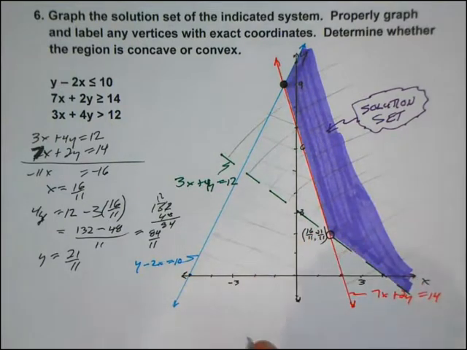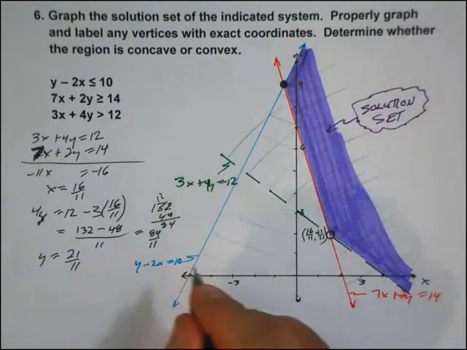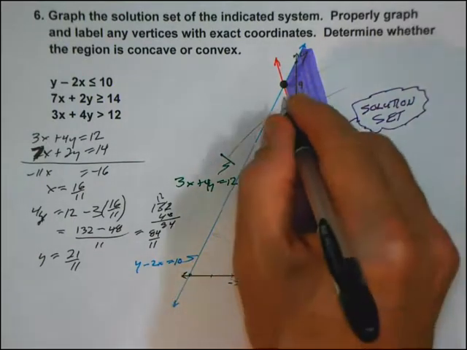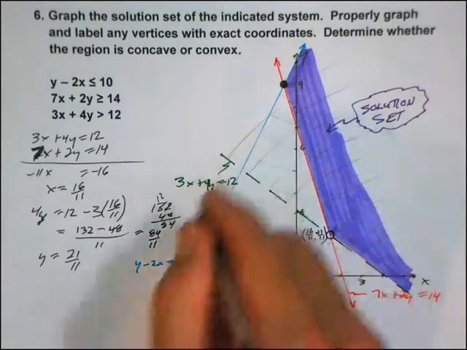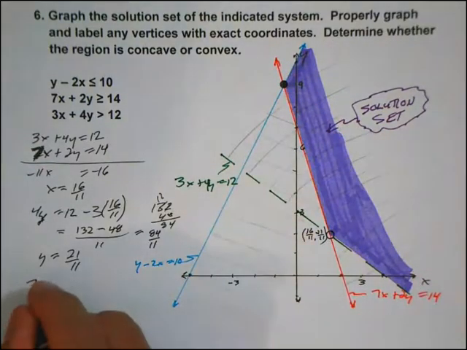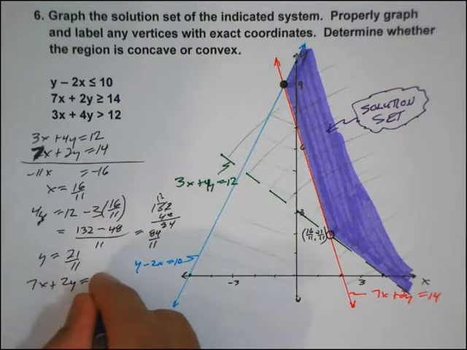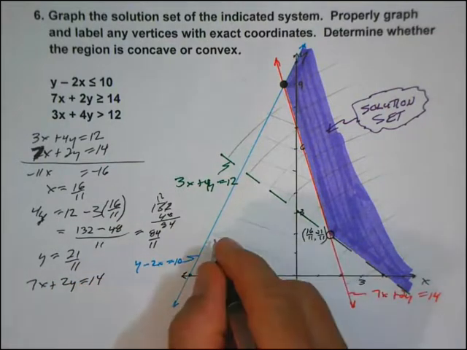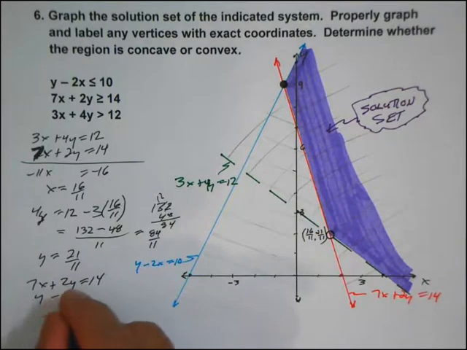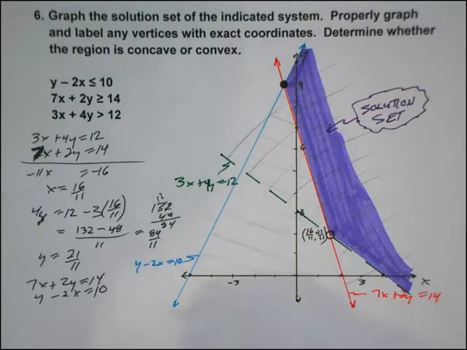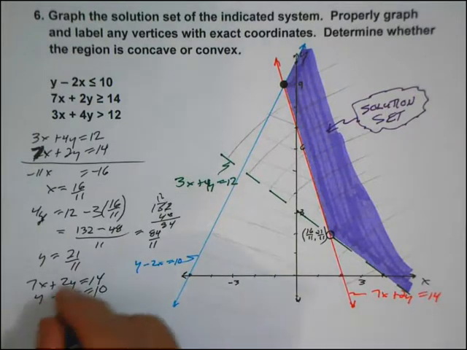Okay, now let's get this vertex here calculated. We need the red line and blue line to intersect. The red line, 7x plus 2y equaling 14. The blue line, y minus 2x equals 10. Alright, let's see. The y's could be eliminated here pretty easy.